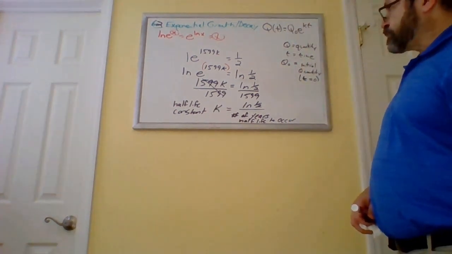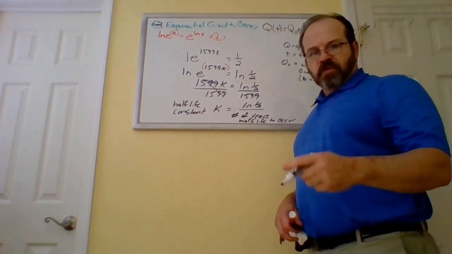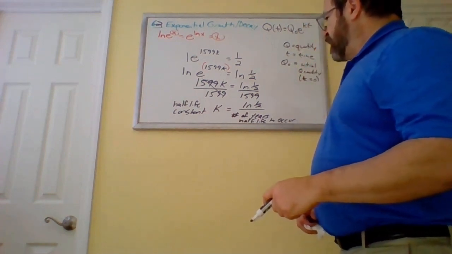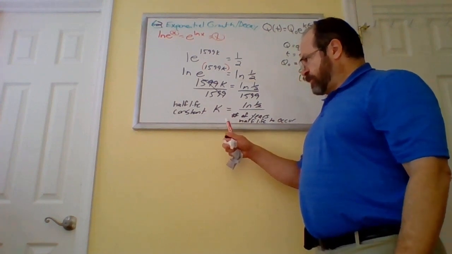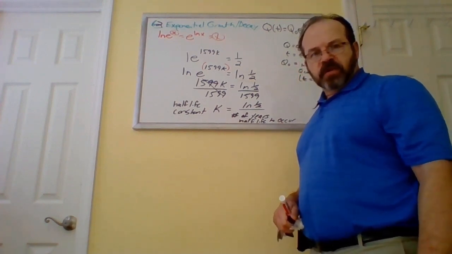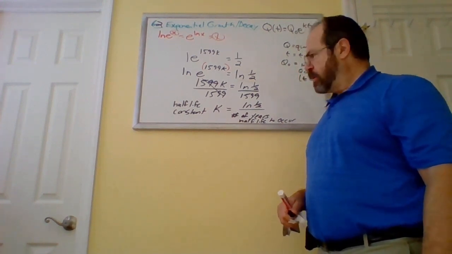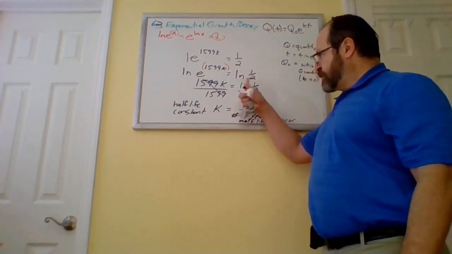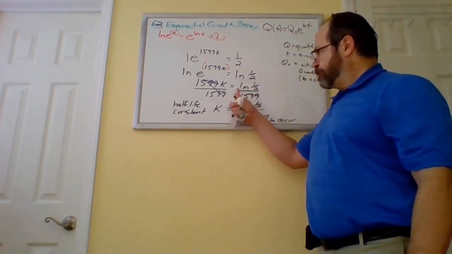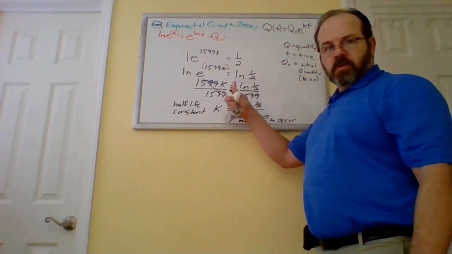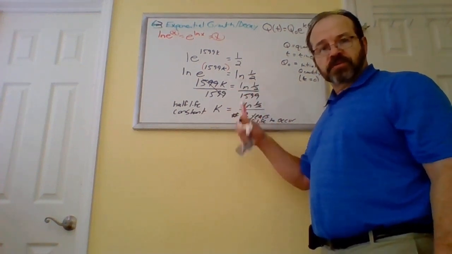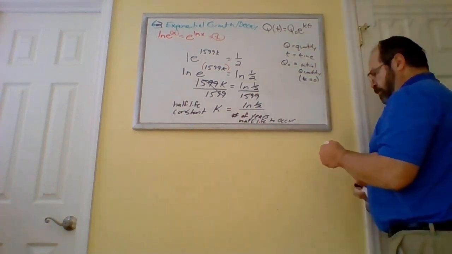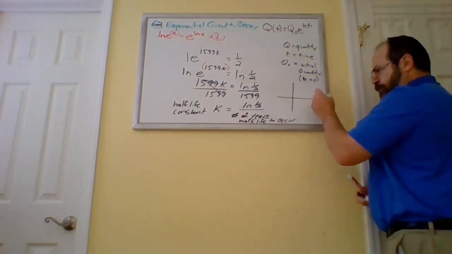Now, if you remember at the beginning, I told you that for this to be a decay model, k has to be negative. Well, do you see a negative value here? Well, I think you do. Remember the graph of the natural log function?